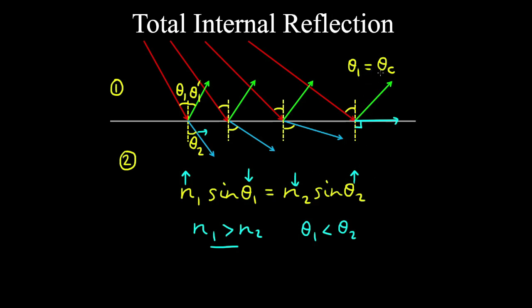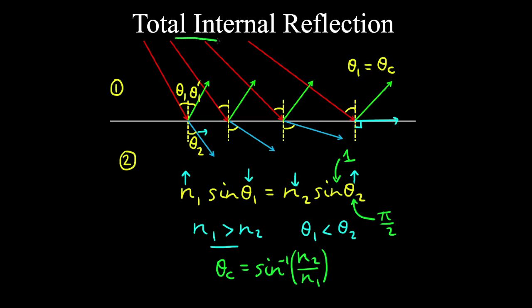And at this critical angle of incidence, we take theta 2, being the angle of refraction, as 90 degrees to the normal to the surface. So therefore sine theta 2 evaluates to 1, and then dividing through by n1, we get n2 on n1, and taking the arc sine of both sides, at the critical angle, we get theta c is equal to the arc sine of n2 on n1.